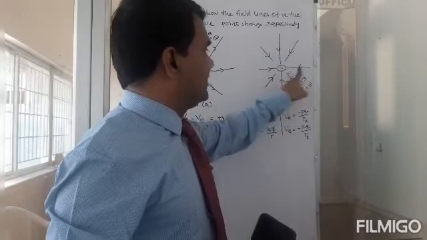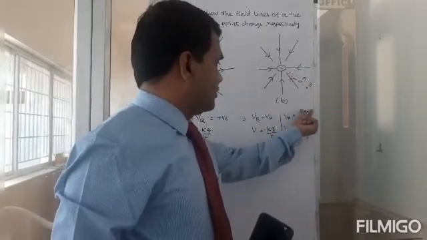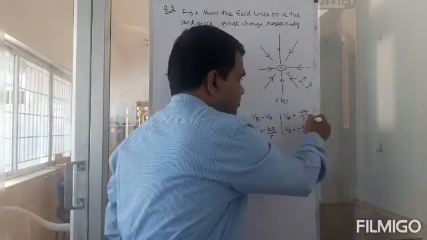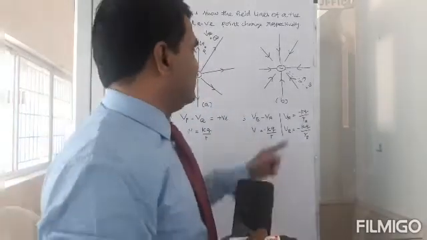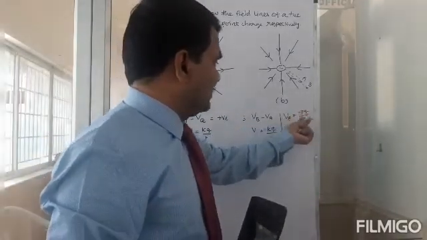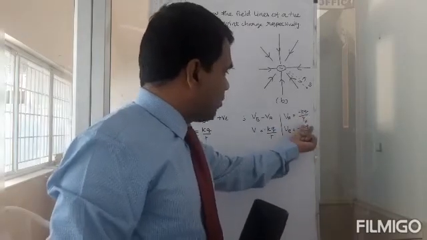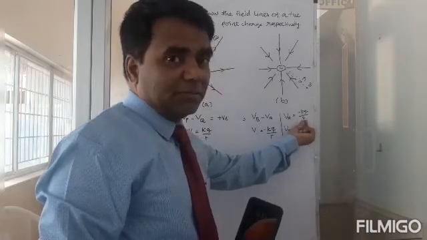So clearly RB is greater than RA. So RA will have a bigger magnitude. KQ by RA will be a bigger number, but then we have a negative there. So VA is actually smaller than VB. Why? Because this is a smaller negative number, but this is a bigger negative number.